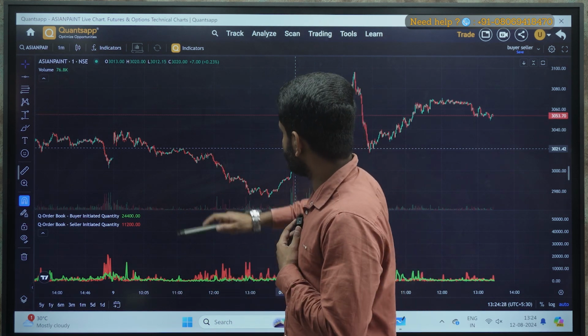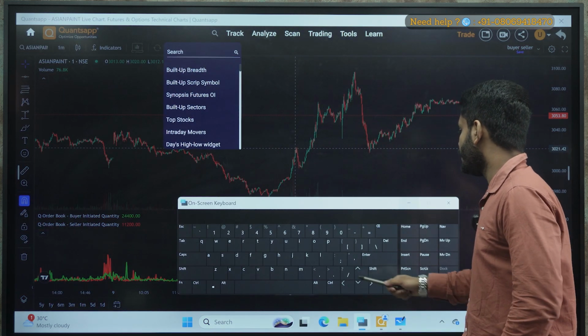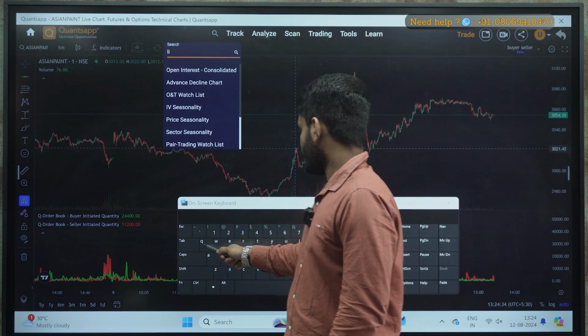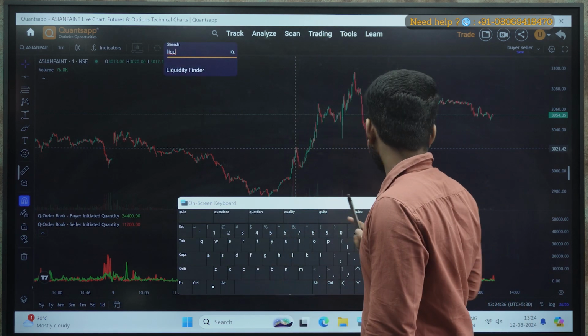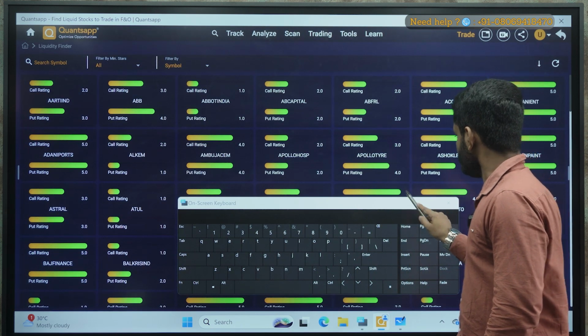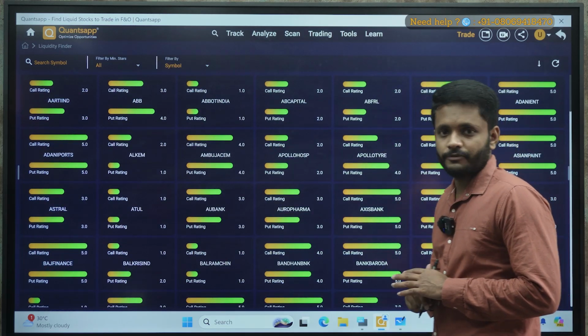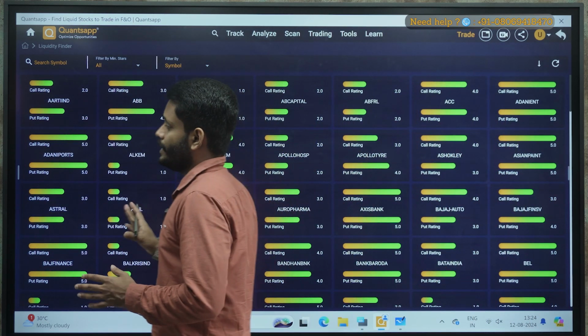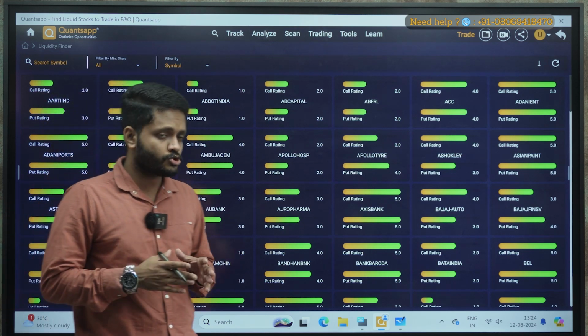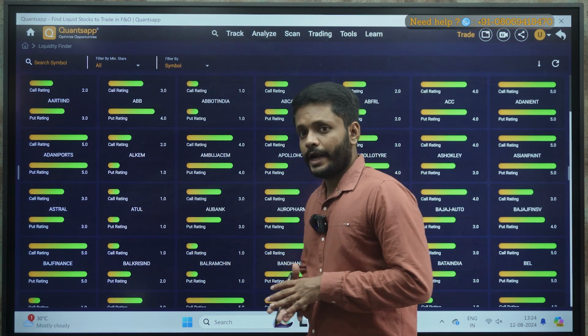So for that, what you are supposed to do is go to the search option and search Liquidity Finder. Okay, just type Liquidity Finder. What this Liquidity Finder is all about is, it will help you filter out those stocks which are liquid enough and where you can definitely go and place your trades.